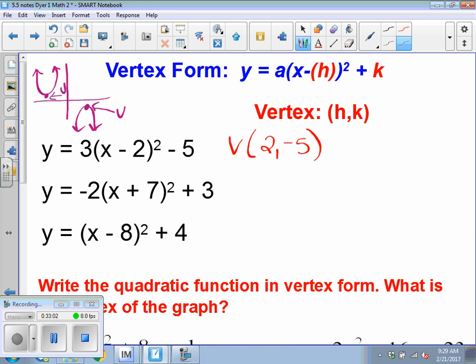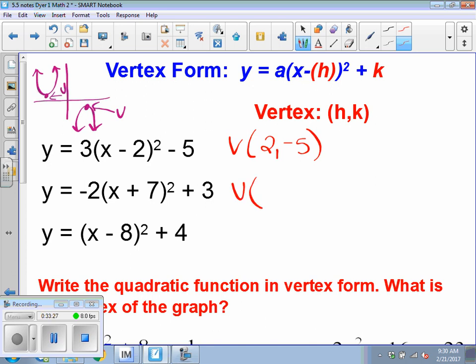In here, A is 3, okay? So if I ask you, was this reflected? No, because this would have to be negative for it to be reflected, okay? But it is stretched, because A is larger than 1. But we're not talking about those, I'm just looking ahead. What is the vertex in the second one? What's my x-coordinate?